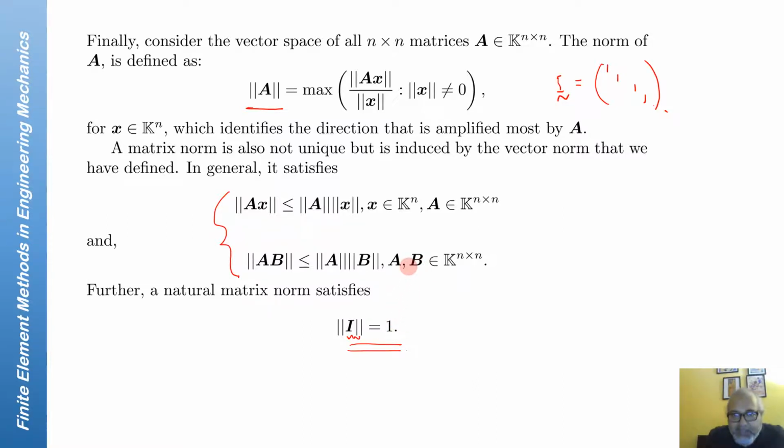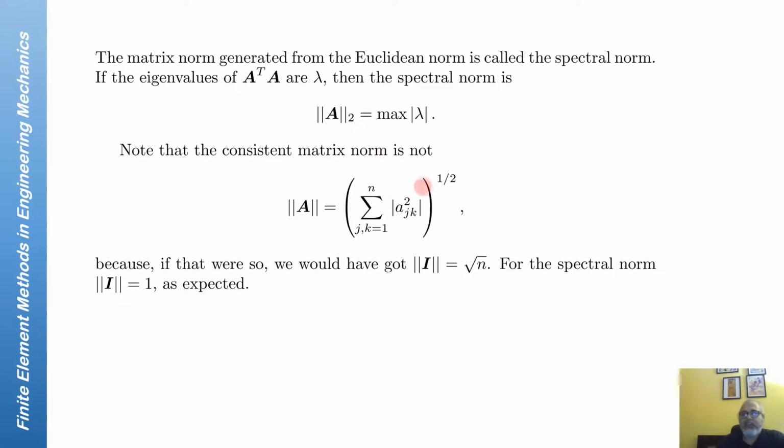Again, the norm of a matrix will depend on the norm that you choose for the vector. If you choose an L2 norm for the vector, so this is well defined, this is also well defined, and then the norm of a matrix that is created by the L2 norm of a vector is actually the maximum of its eigenvalues.